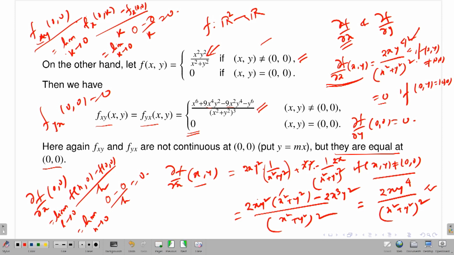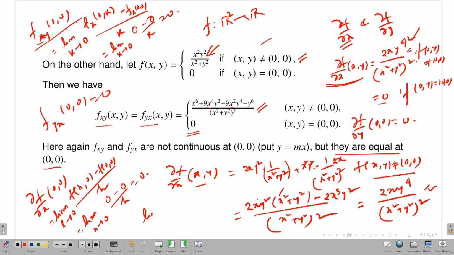So take the path y is equal to mx, and you can guess why, because the numerator and denominator have similar degrees. The numerator has 6, the denominator also 6, so you can easily guess: if I take the path y is equal to mx and approach the origin, it will give different values, which means I should say that the limit does not exist.